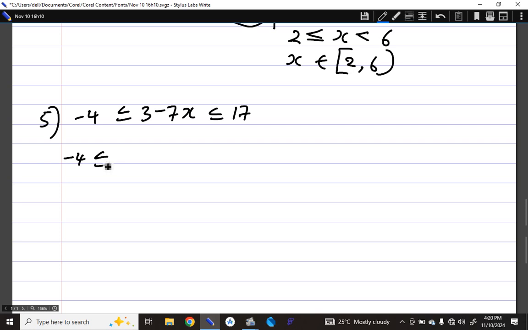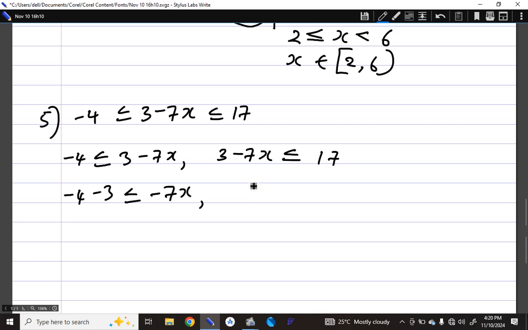So minus 4 is less than or equal to 3 minus 7x, and you can now say that 3 minus 7x is less than or equal to 17. So we have that minus 4 minus 3 is less than or equal to minus 7x, and minus 7x is less than or equal to 17 minus 3.